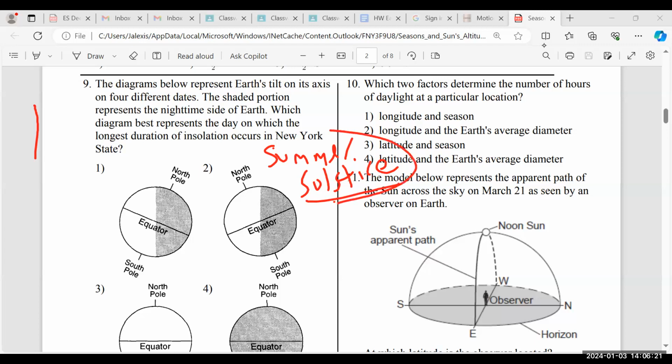So basically, I'm asking myself, which diagram represents the summer solstice? It has to be the diagram where the North Pole is tilting towards the sun. The bright part tells me where the sun is going to be. So the fact that the North Pole is lit up lets me know that it's tilting towards the sun. And that's why it's going to be choice 2. Right? That represents the summer solstice.